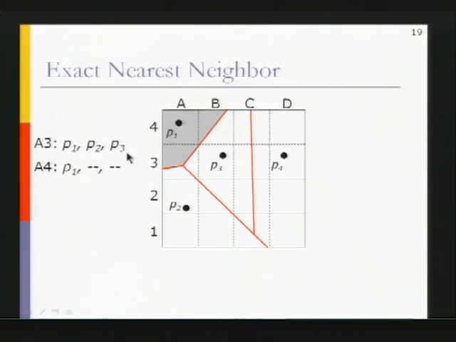So we store all these points. On the other hand, inside A4, there is only the Voronoi cell of P1, which is included. So we will only store P1. This is repeated for all grid cells. What is the idea? The idea is that if I retrieve the contents of a particular grid cell, I know my nearest neighbor, as long as I lie within that grid cell.